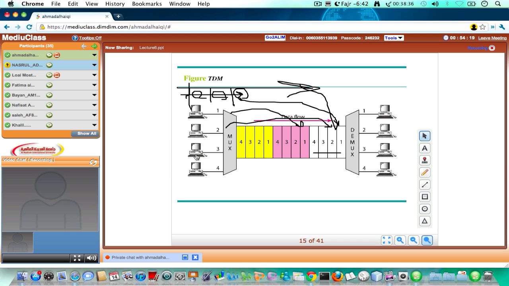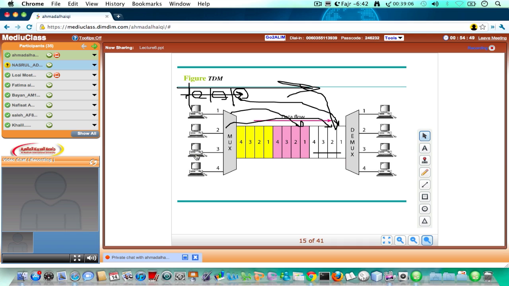Then another bit from 2, then from 3, then from 4. And the idea here is that the duration of the bit from 1, we will shorten. If the duration of the bit in these 4 input signals would take, for example, a second, then we'll make it just a quarter of a second.